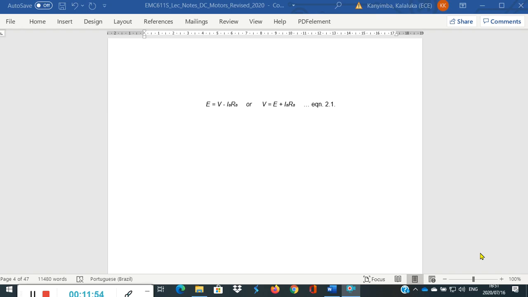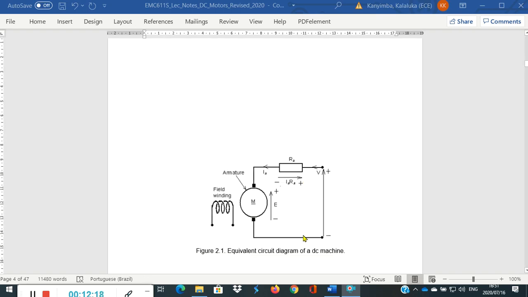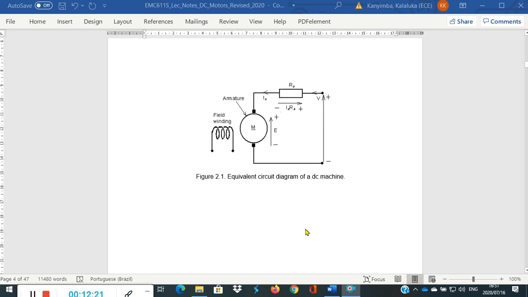Then our equivalent circuit diagram of the DC machine operating as a DC motor is as shown in figure 2.1. So this is the equivalent circuit diagram of a DC machine operating as a DC motor.